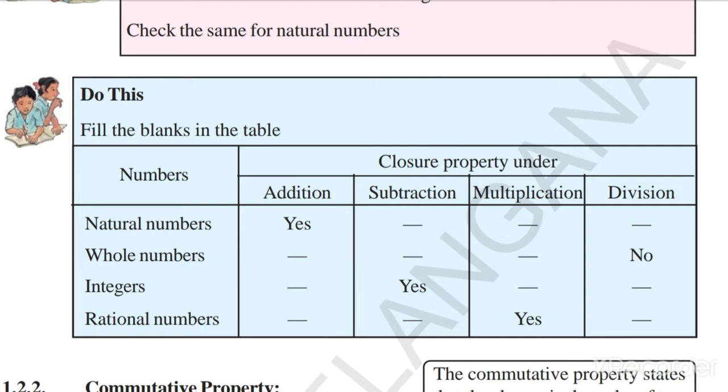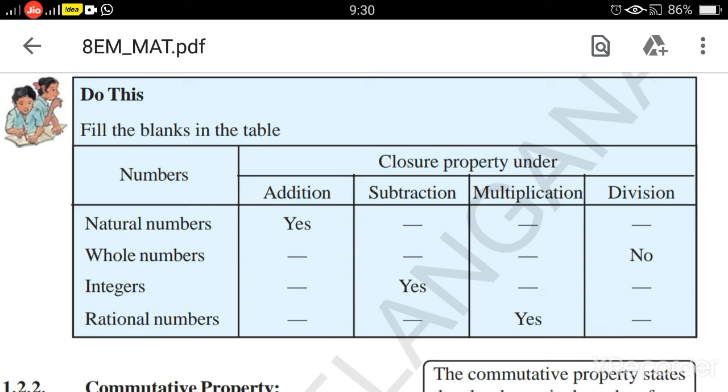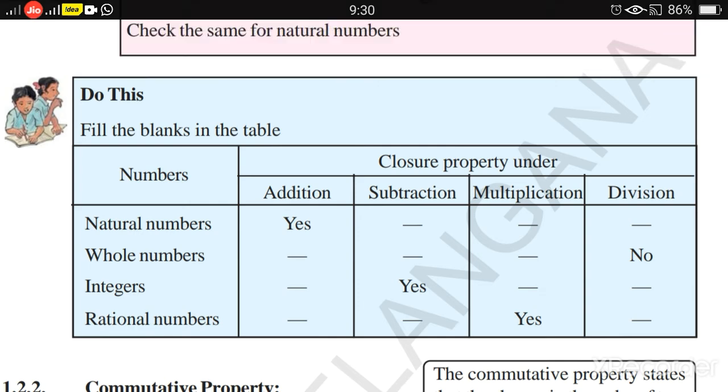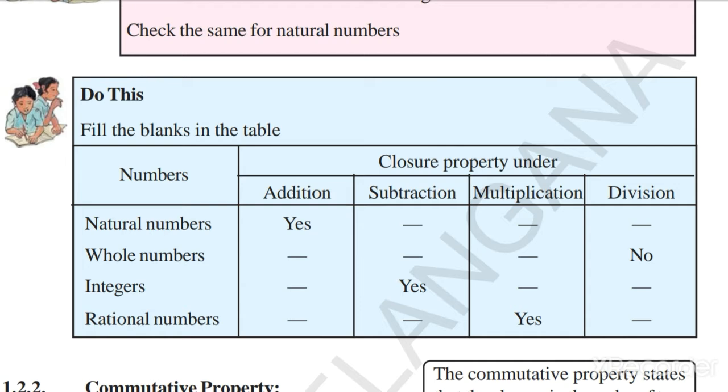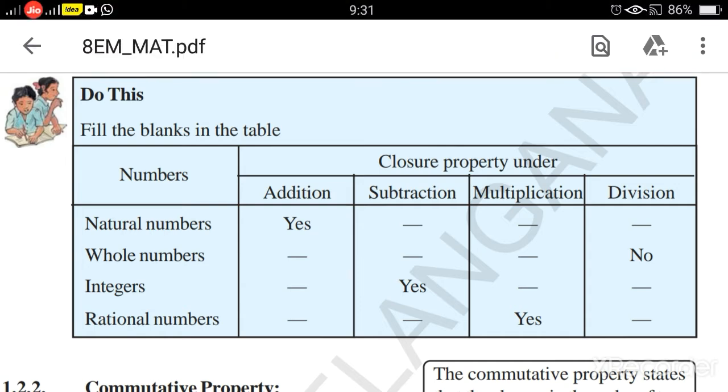Natural numbers are closed under addition. What is the closure property? I will recall once. If you take any two natural numbers, the sum of the two numbers is also a natural number. If you take any two whole numbers, the sum is also a whole number.